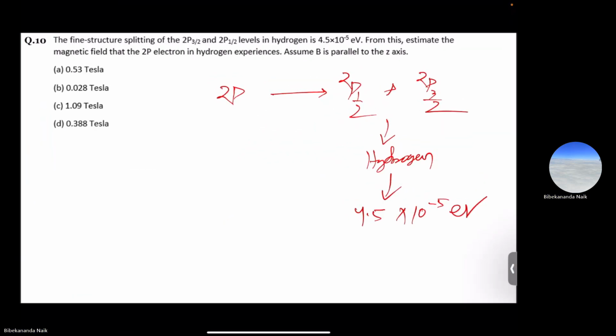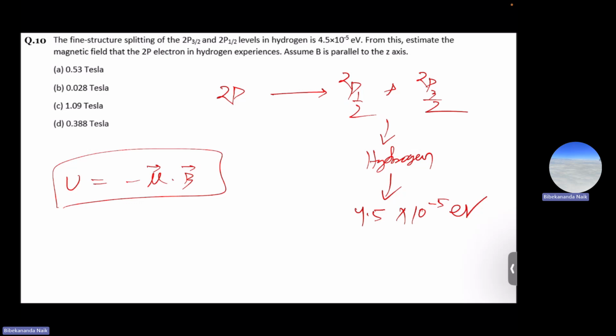Now if we solve, we know the interaction energy is given by minus mu vector dot B vector.